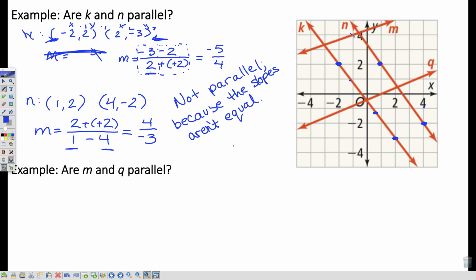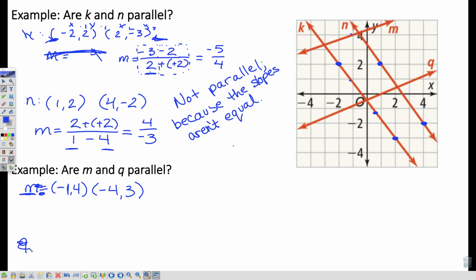Okay, let's do M. Negative 1, 4 and then negative 4, 3. And that's line M. The slope equals again, and that's going to be M. And then line Q.